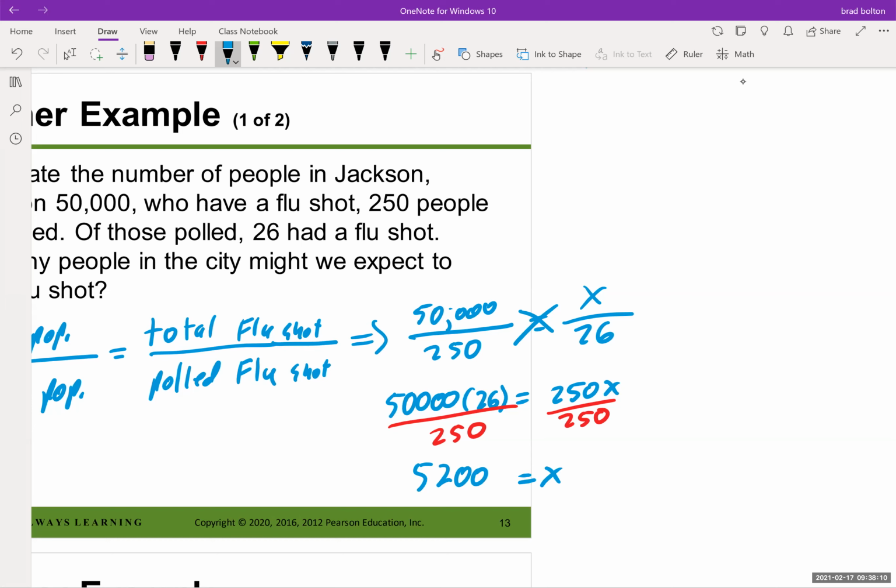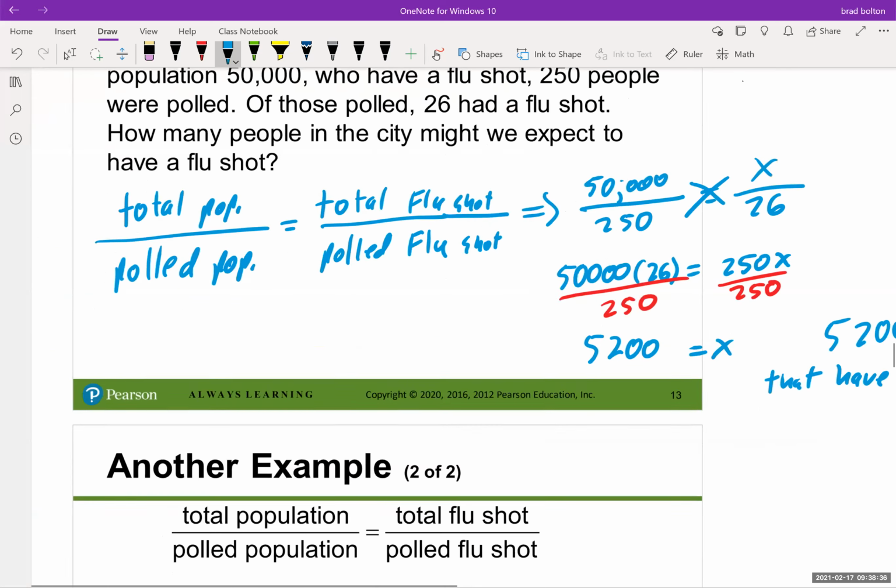So that means we estimate there are 5,200 people that have the flu shot. That's how many we would expect to have the flu shot in this population. So that's one way we can use proportions.